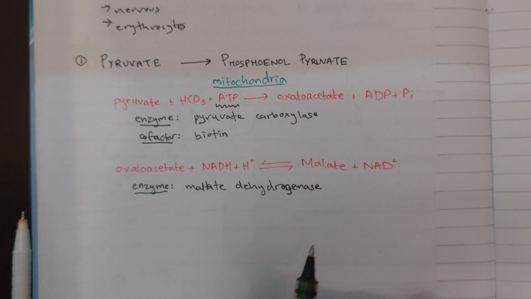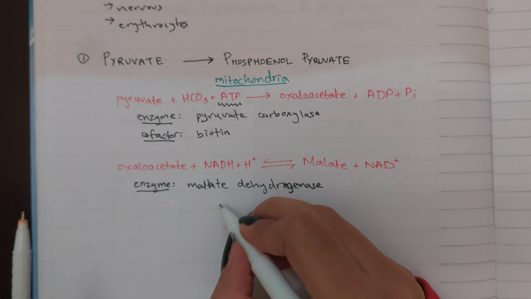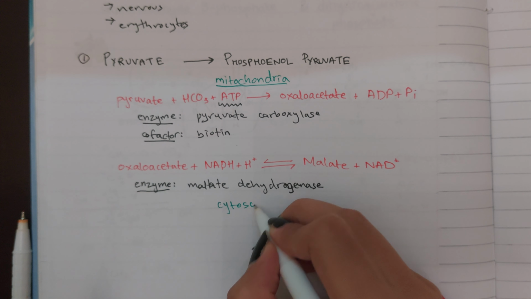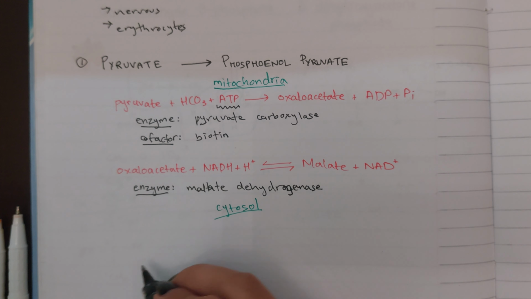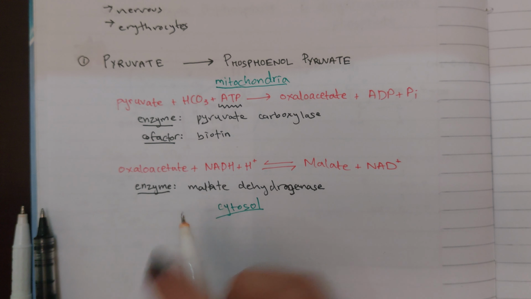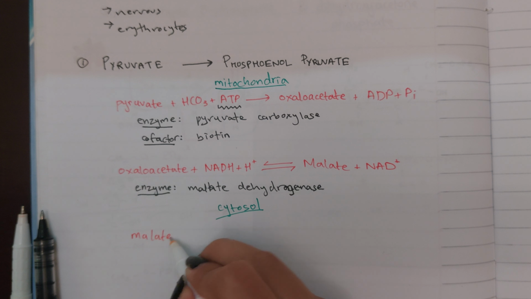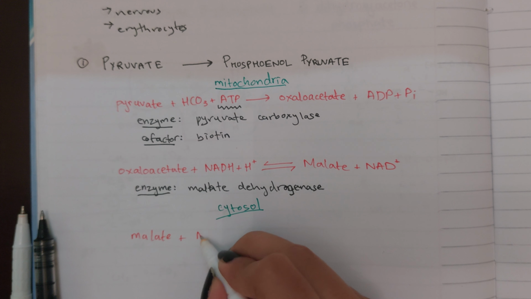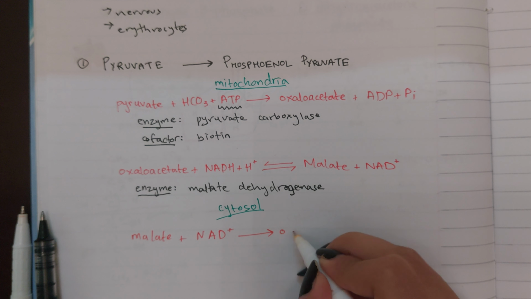Then after this reaction, the malate from mitochondria leaves and enters cytosol. So here that malate we talked about is converted back into oxaloacetate.